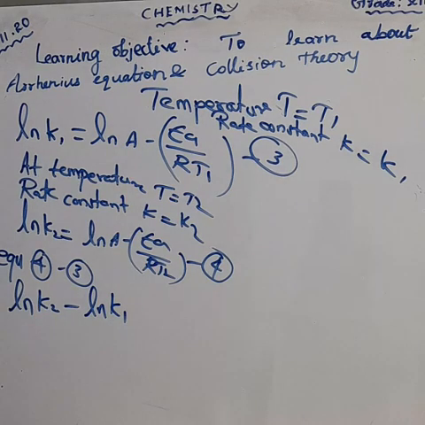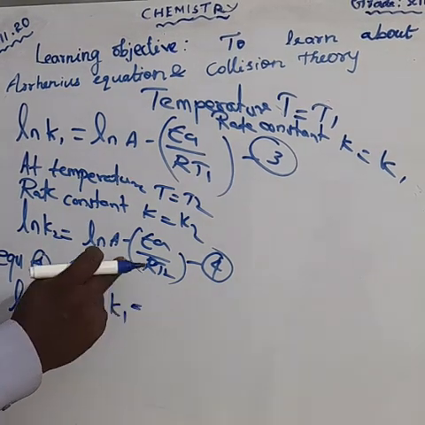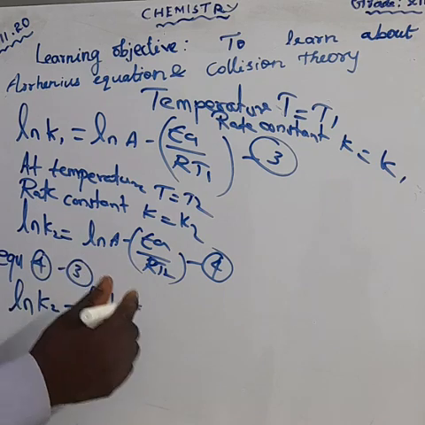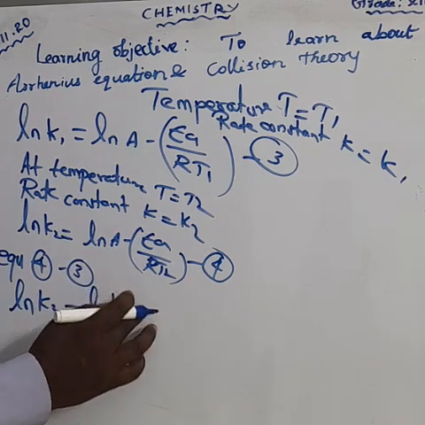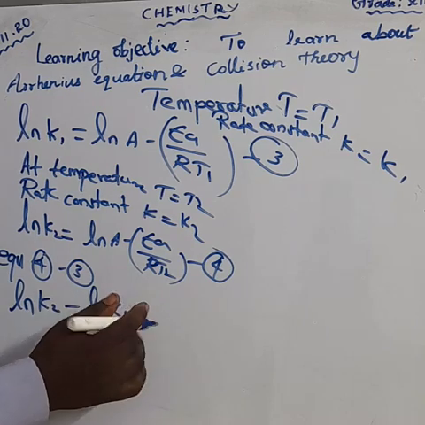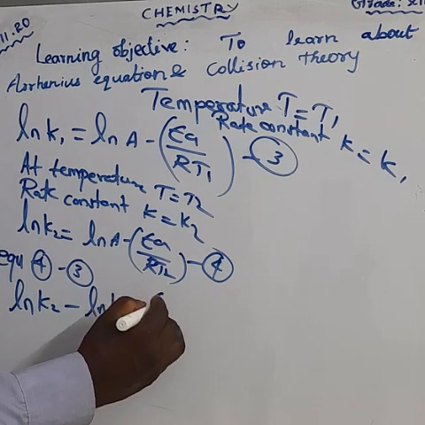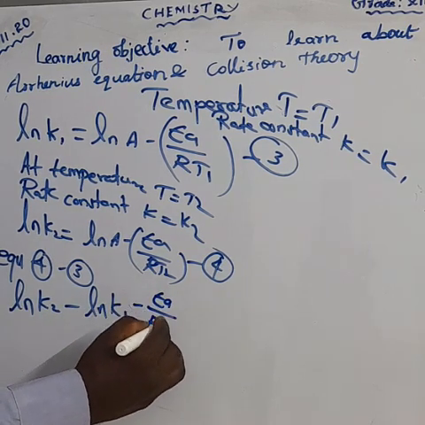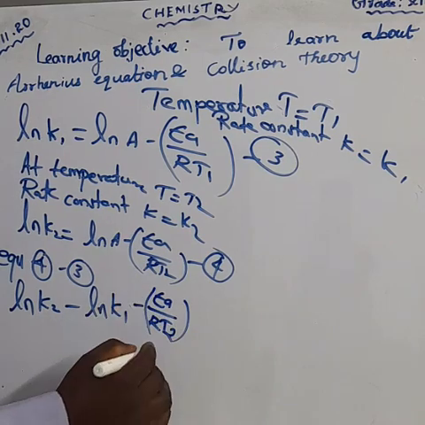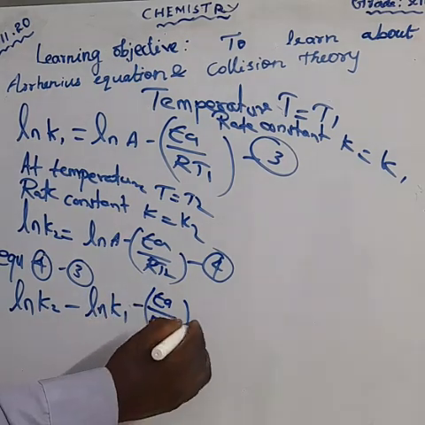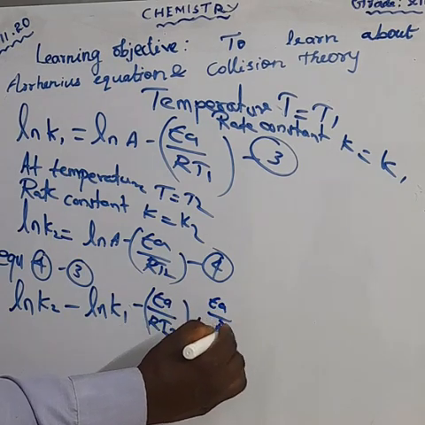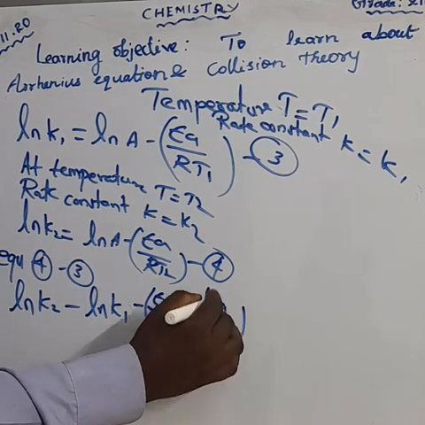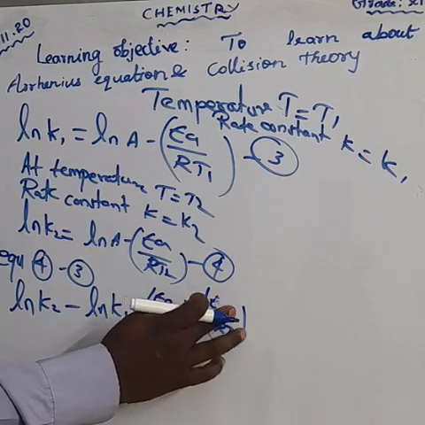So ln K2 minus ln K1 is equal to minus Ea by RT2 plus Ea by RT1.